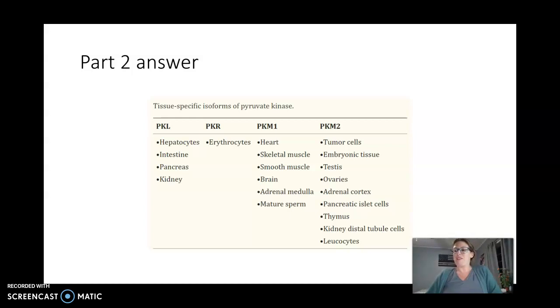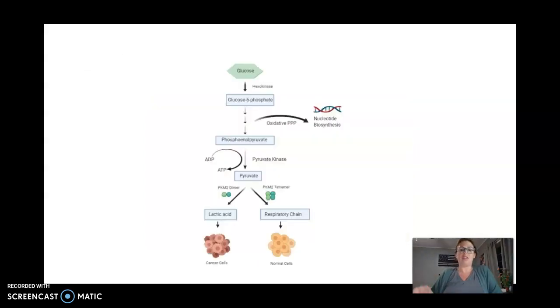It can be found in a tetramer form, as noted on the right side here, which has relatively high activity, and in dimer form, which has low activity, which is what you'll see for the cancer cells.